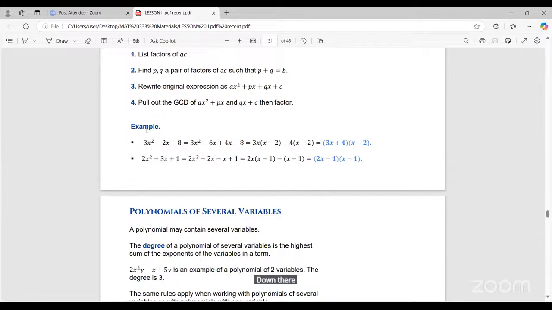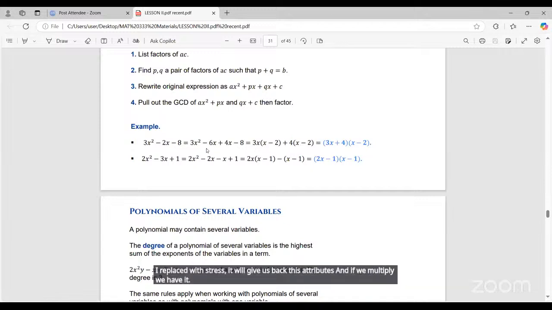Let's check the example down there. I have 3x squared minus 2x minus 8. So we check out the factors such that if we add any two factors, we get back the minus 2x, and if we multiply, we have minus 24.